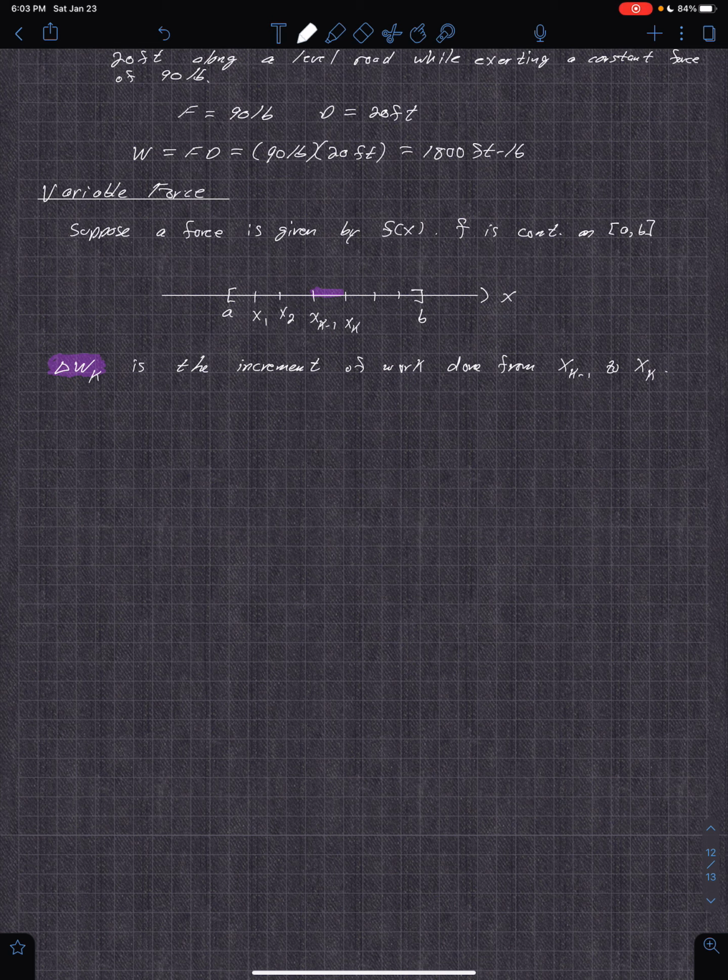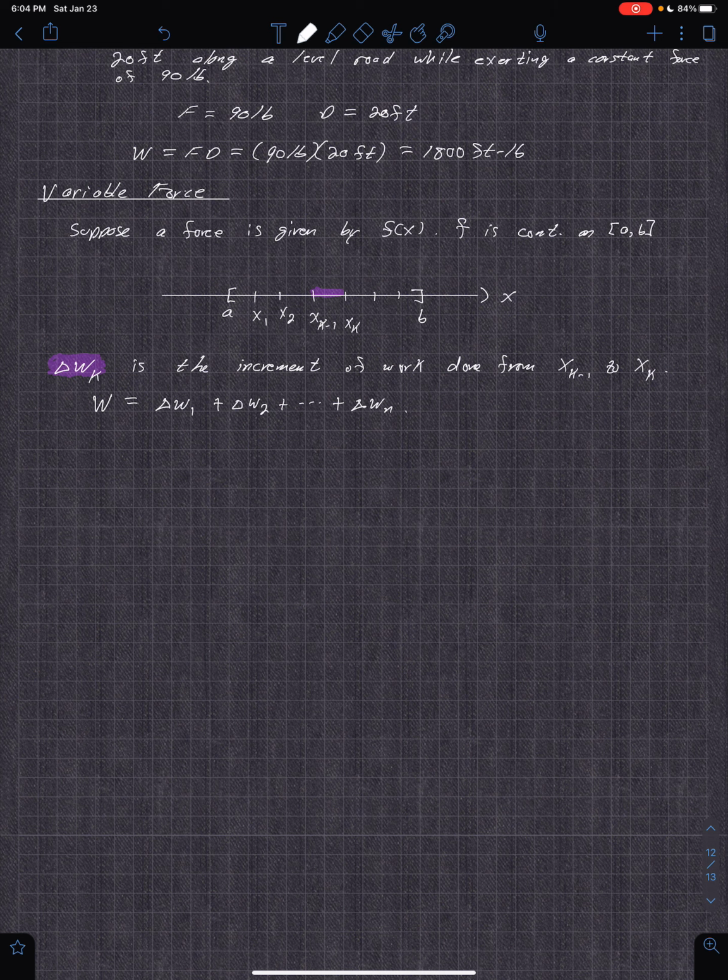The total work is equal to each of those, delta W1, W2, and then you add them all up all the way to delta W sub n. And that doesn't give you the exact amount, right?